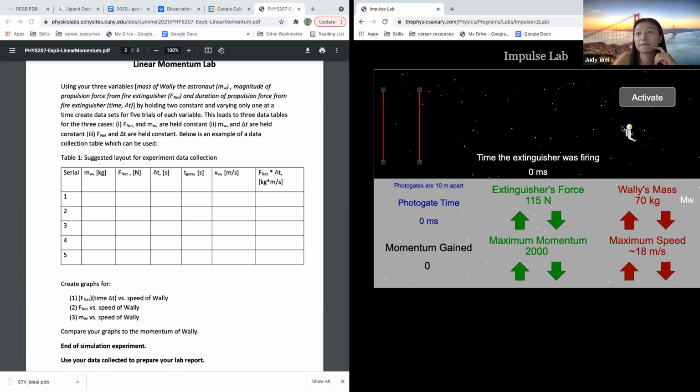Reset. My reference is the first gate. I have to make sure every time the extinguisher reaches the first gate, I shut it off. So this is my reference, even if the fire extinguisher still varies a very little bit in terms of time, but it should be okay.